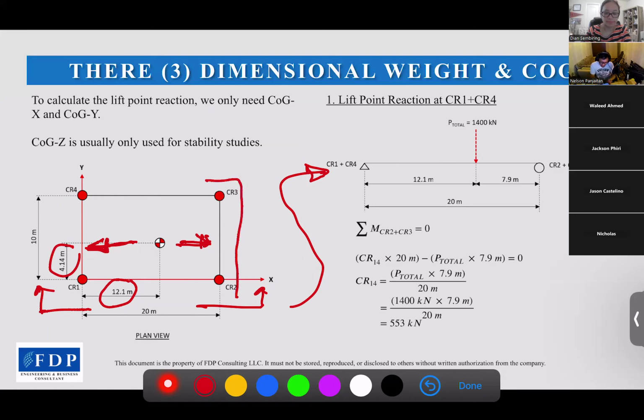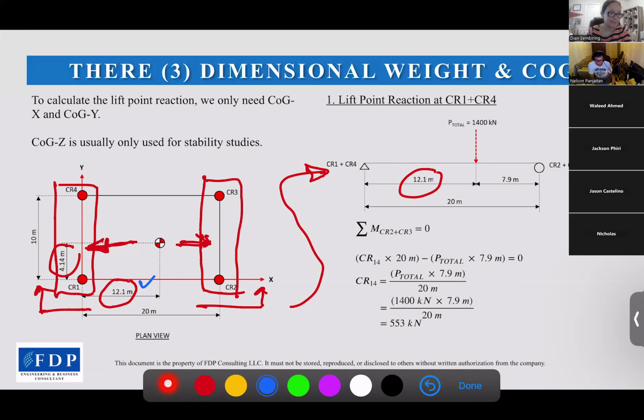The load will be sitting exactly at 12.1 meters from crane 1 plus crane 4. From this, we can find the reaction for crane 1 plus crane 4.